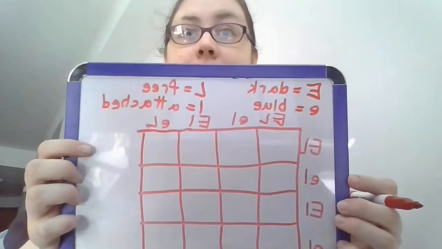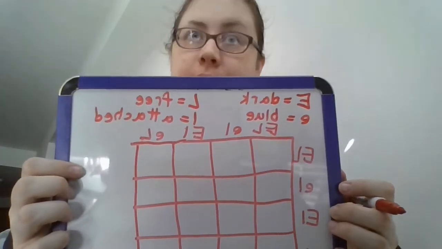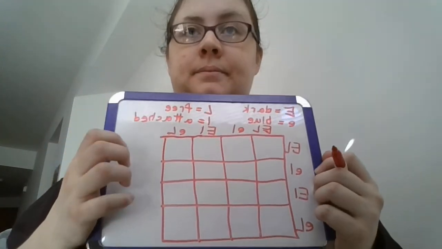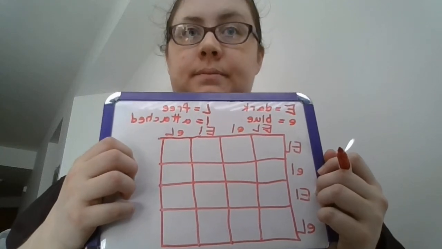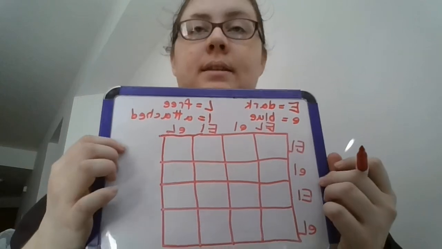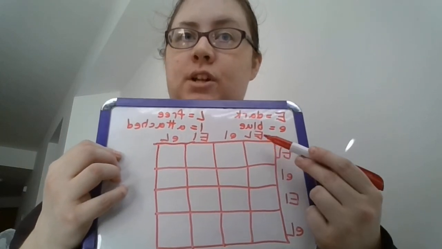This is what we get. It is a 4x4 Punnett square. Now, looking at this, it looks daunting. It's really okay. Same principle as before. You take what's on the side, match it up with what's on the top.